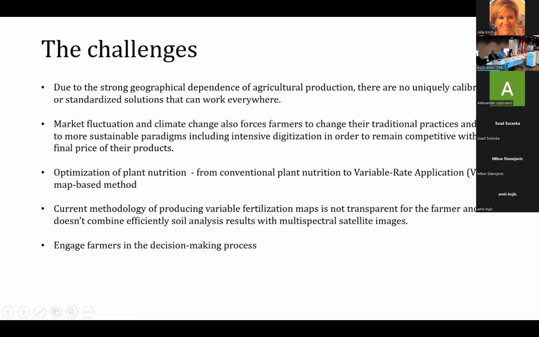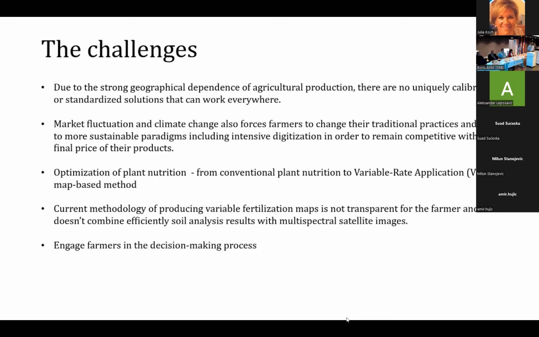So what are the general challenges of agriculture production these days? We are witnessing price rising, for food and for inputs in agriculture production. So this kind of service is very popular these days among the farmers.